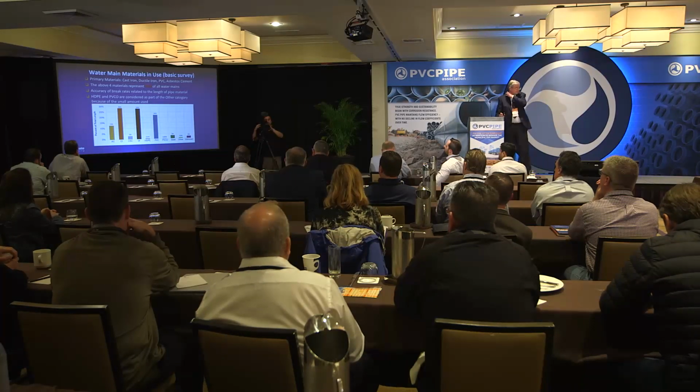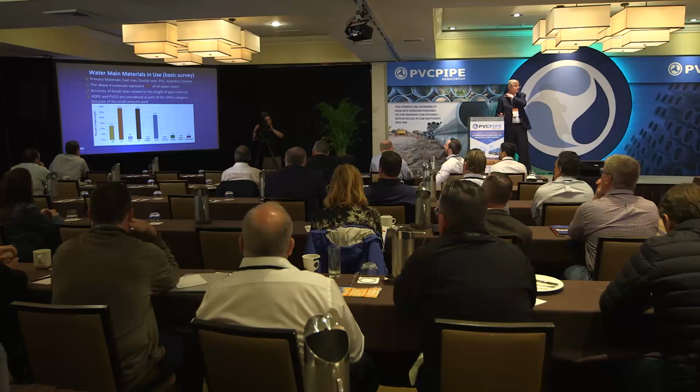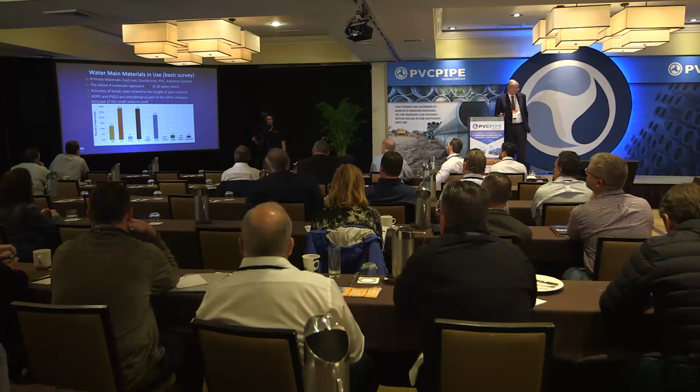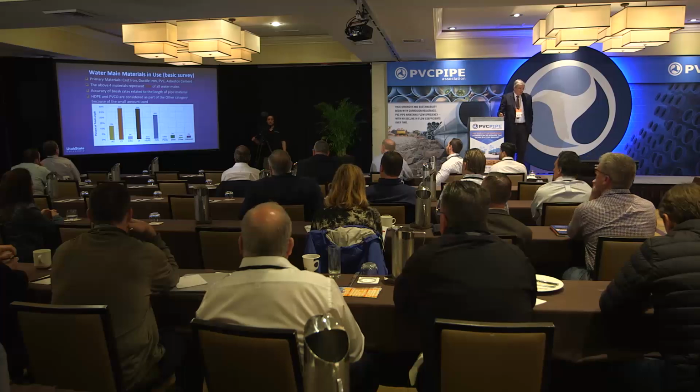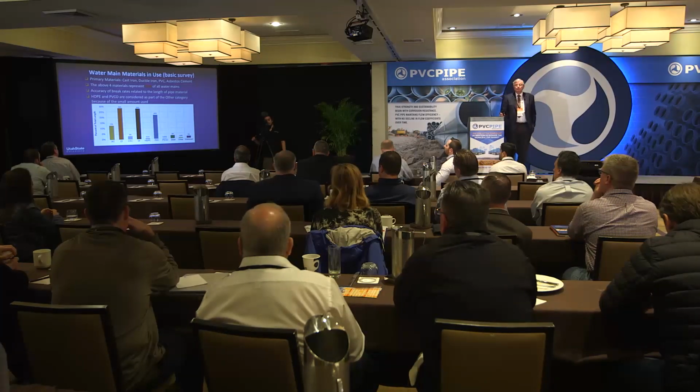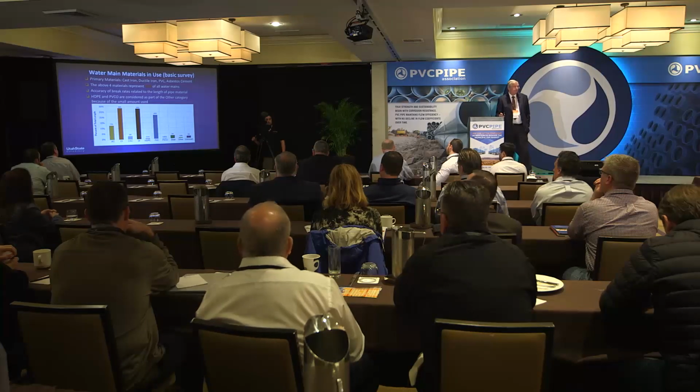All right, and here's the material utilization in the U.S. based on our basic survey, where cast iron and ductile iron are basically at 28% of the total amount of pipe that's out there.